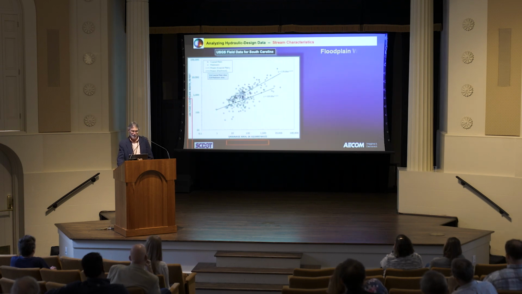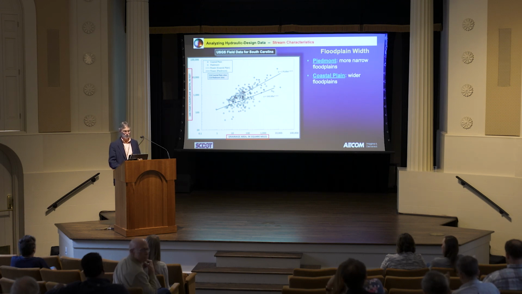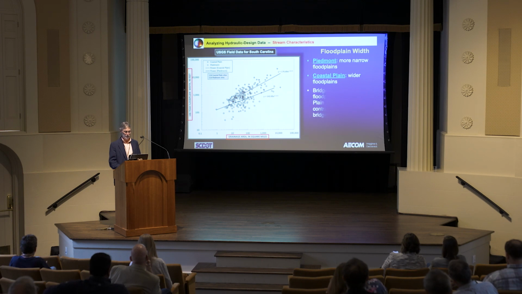Okay, this next slide is floodplain width. This is for the 100-year flood with respect to drainage area. And you can see in the Piedmont, which are the hollow circles, they're going to have more narrow floodplains, which is what you would expect. In the coastal plain, you have wider floodplains, which the topography indicates, since you've got very flat streams and therefore wider floodplains.